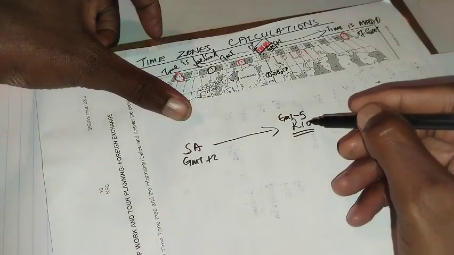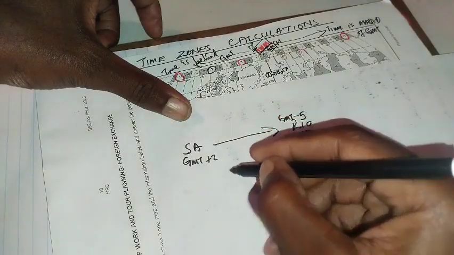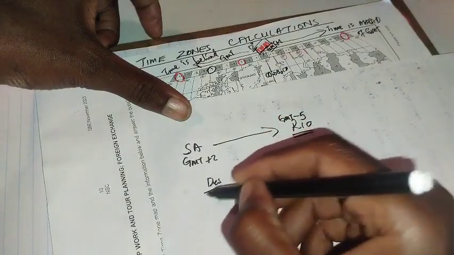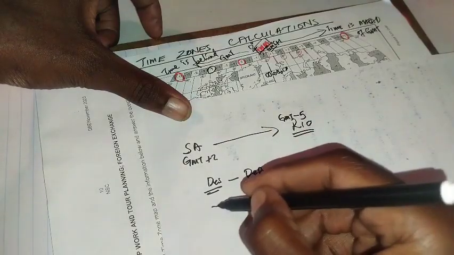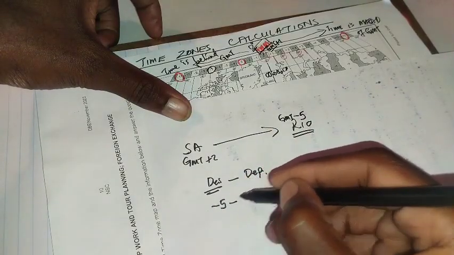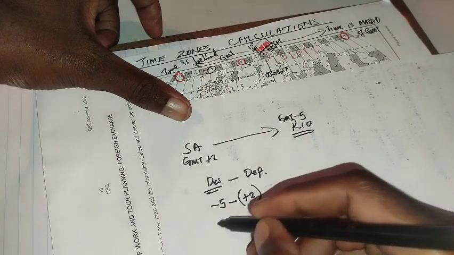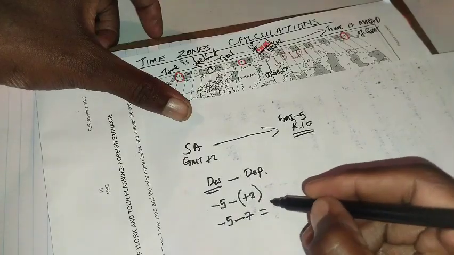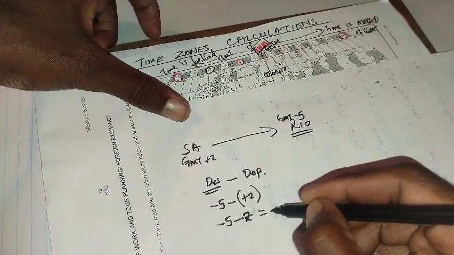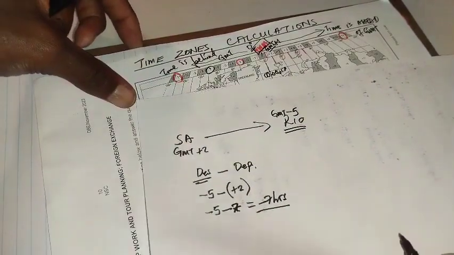Now, if you look at this, you are going to say your destination minus your departing point. Your destination is -5 minus +2. So you put in the calculator -5 minus 2, which is -7 hours. This is easy.